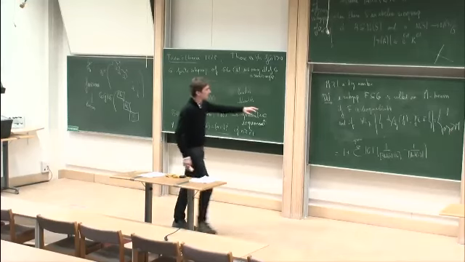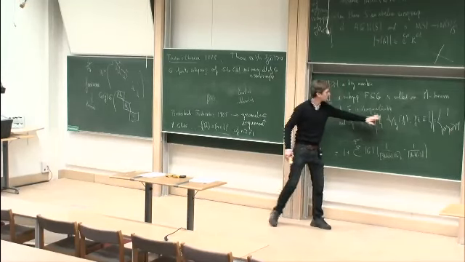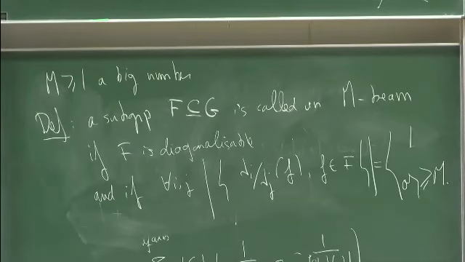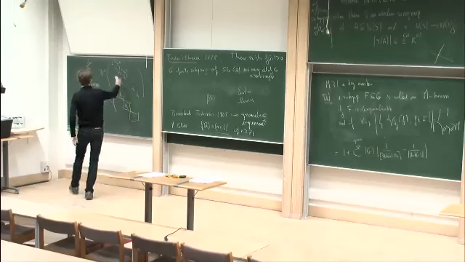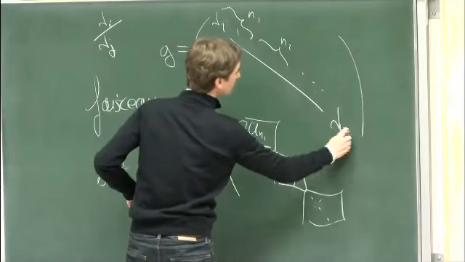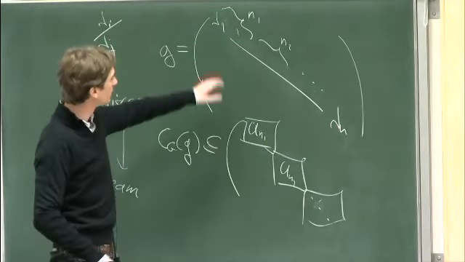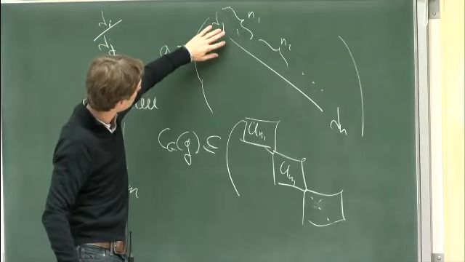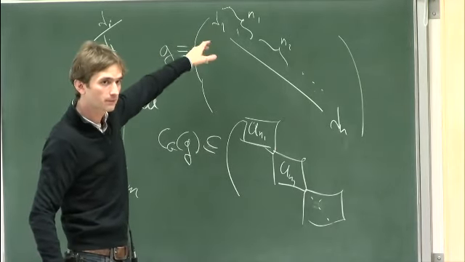So these are the eigenvalues, lambda 1 to lambda n, and you look at lambda i over lambda j.